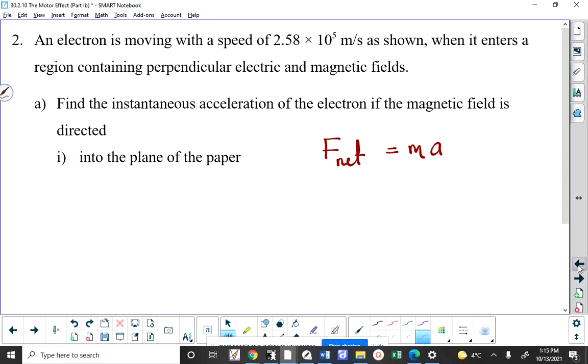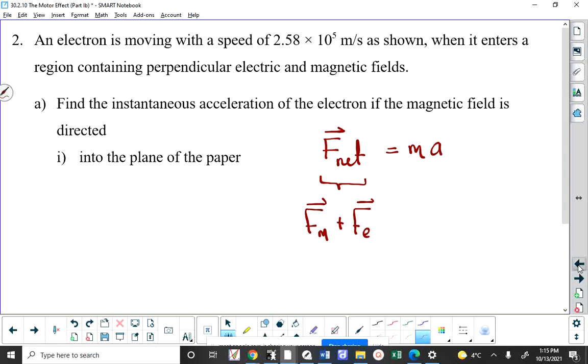But in this question, the net force is going to be the sum of the magnetic and electric forces acting on the particle because there's two different fields. Because there's an electric field, the electron will experience an electric force. Because there's a magnetic field, the electron will experience a magnetic force.